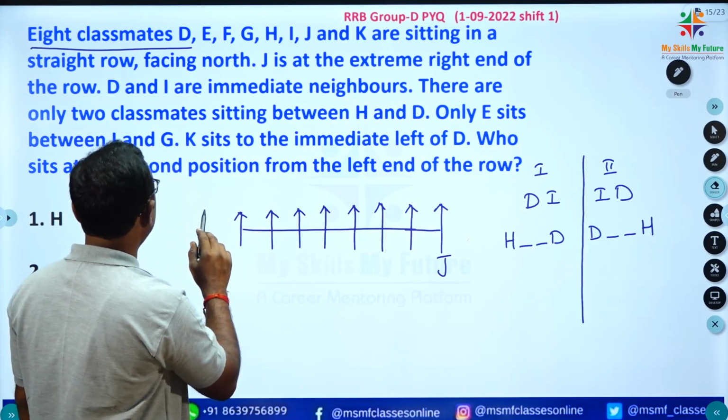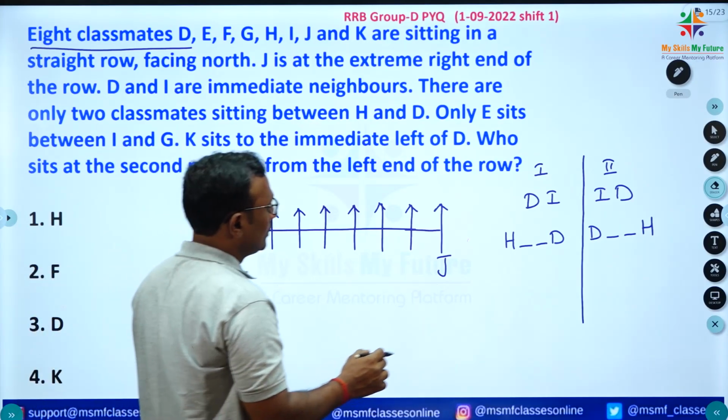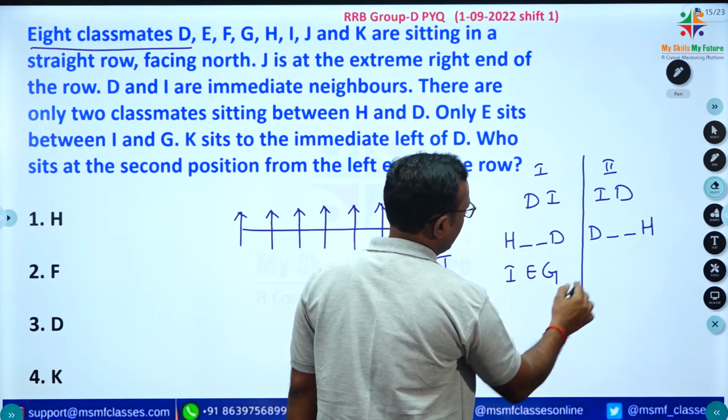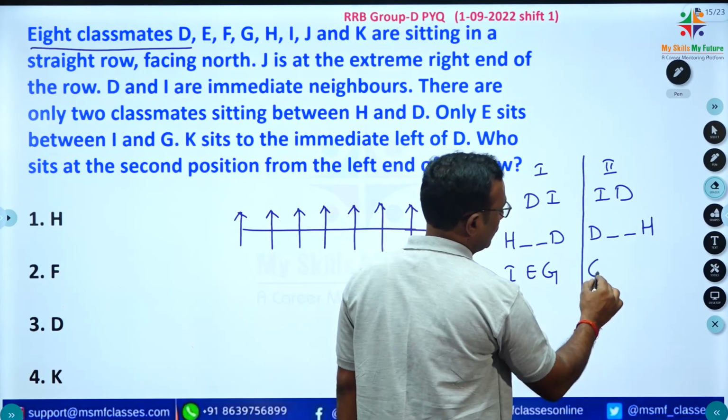Only E sits between I and G. For this also we get 2 possibilities.